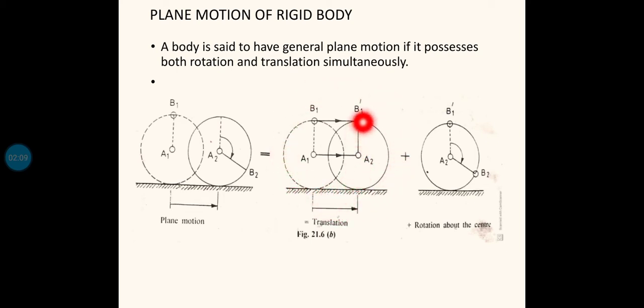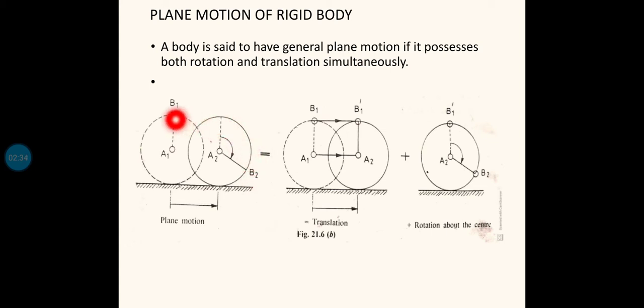Now you can see from B1 dash, this point alone is moving along a curved path to a new position B2. So the entire motion can be concluded as the movement of the point B1 along a straight line to this position, marked as B1 dash in the right side figure. From that, the point is moving along this curve to a new position B2.